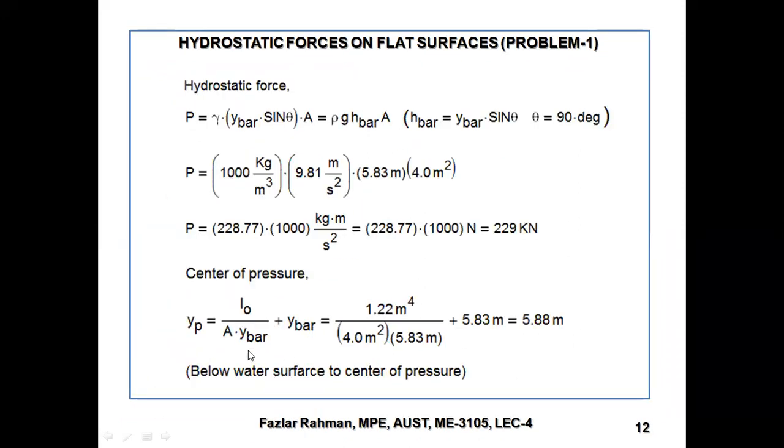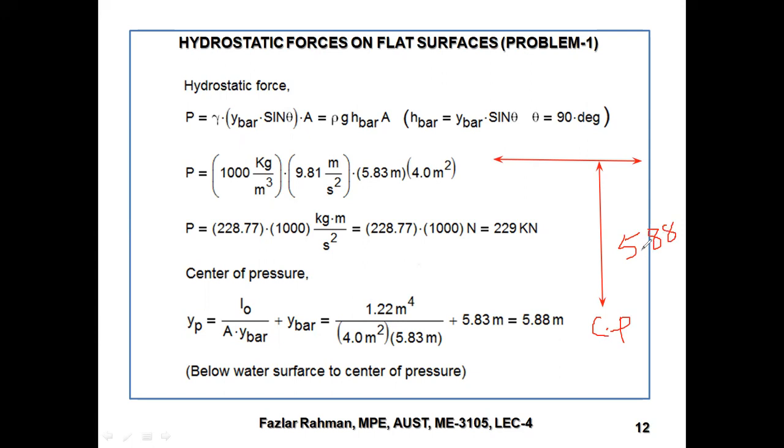So you put Y bar, then Y bar, you get 5.88. So you see from this problem that this is your top surface and location of center of pressure from here to here is 5.88.